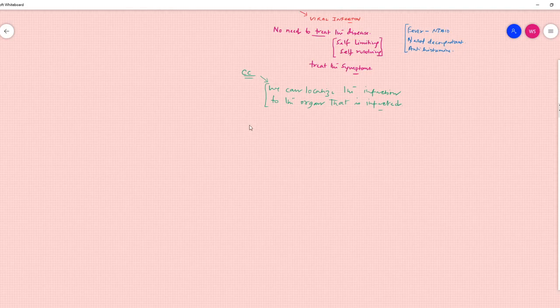If it's the lung, the causative organism could be maybe Streptococcus pneumoniae. Or it could be Haemophilus influenzae. Or it could be Staphylococcus aureus.